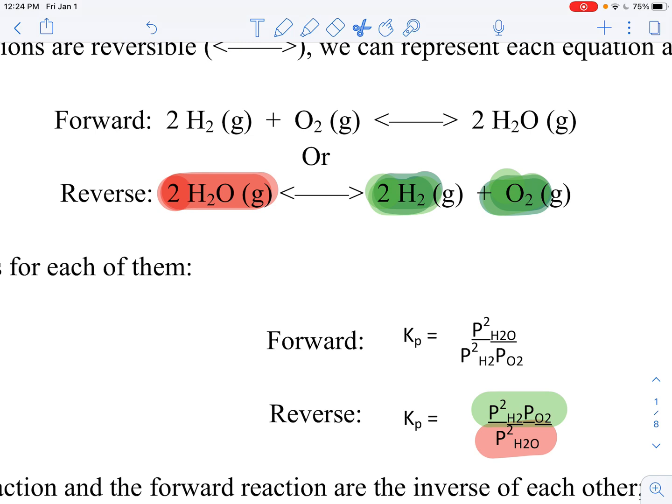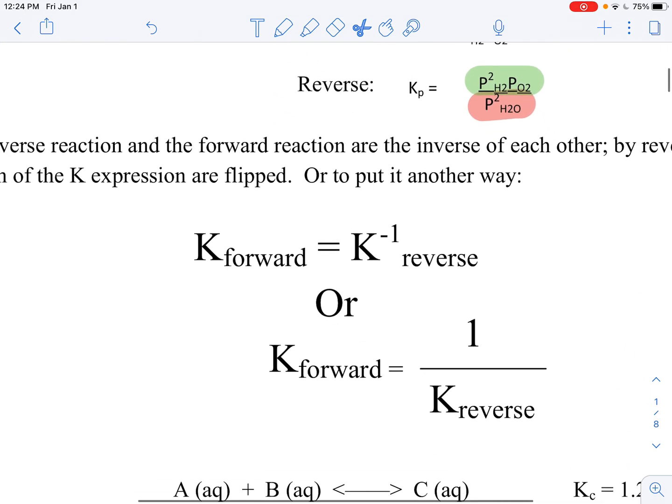So in a normal situation, back with electrochemistry and thermodynamics, when we changed the direction of the equation, all we had to do was slap a negative sign in front of it. Now you don't do that. There's no negative sign involved. The only negative sign that's involved is in the exponent, because what you are doing is changing it from products to reactants and reactants to products, which means the numerator goes to the denominator and the denominator goes to the numerator.